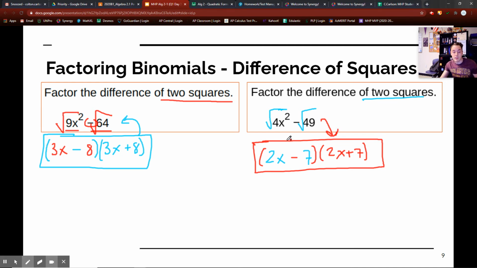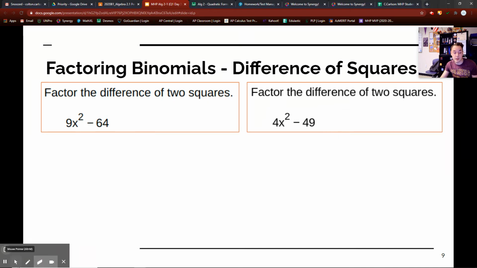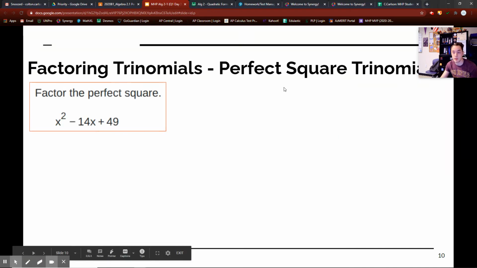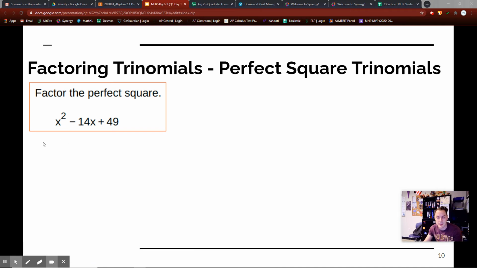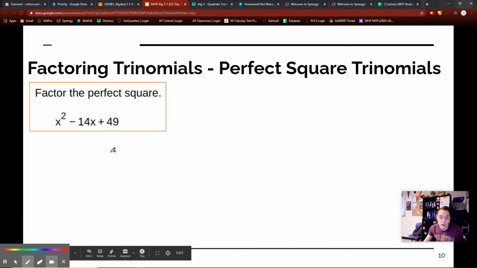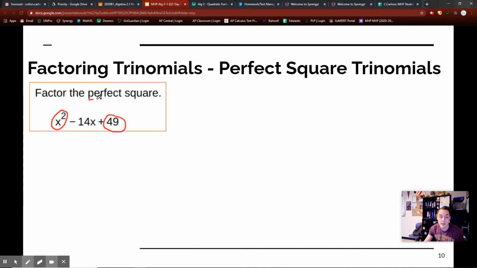Let's move on to what we call perfect square trinomials. Perfect square trinomials, what are those? Well, you see something like this. I have to notice two things here. The reason it's called a perfect square is because my first term and my last term are perfect squares, meaning I can square root both those terms and I get just a straight up number.